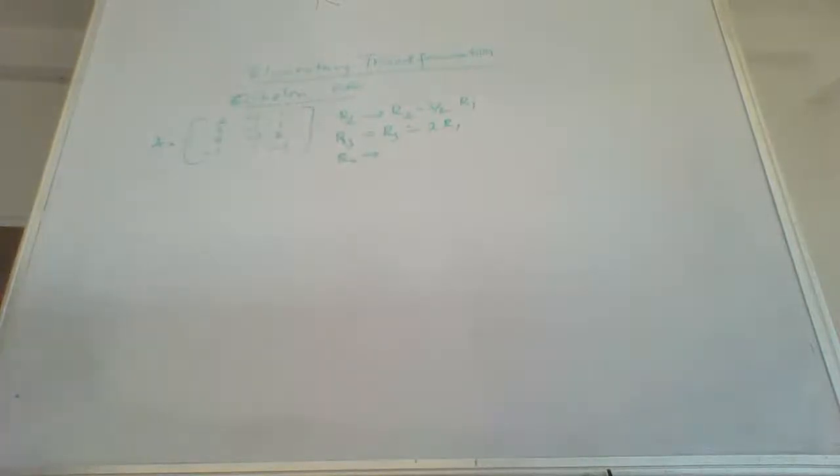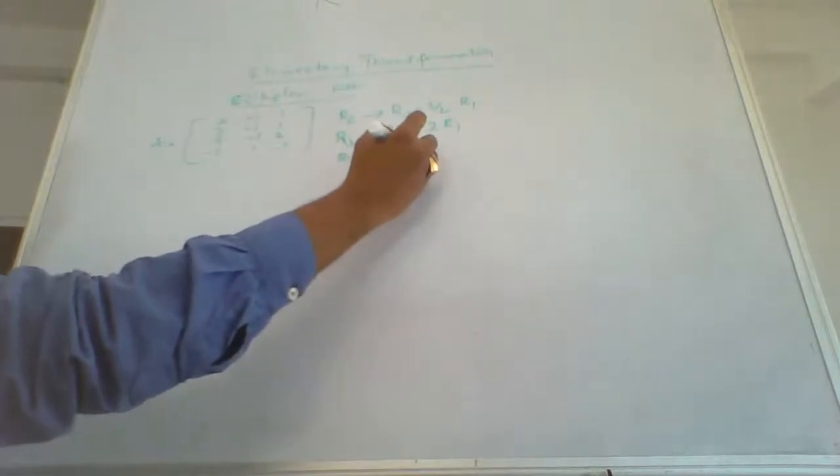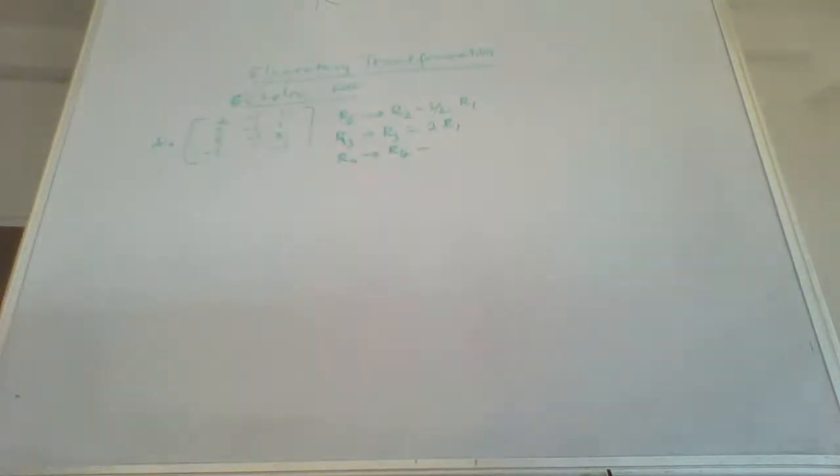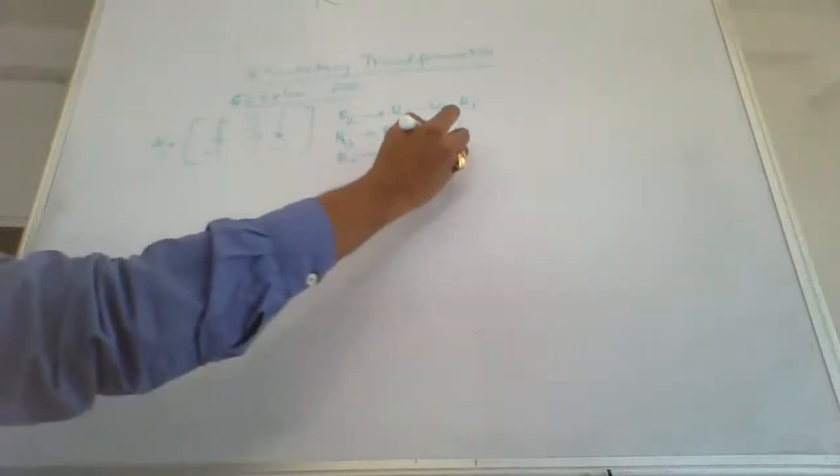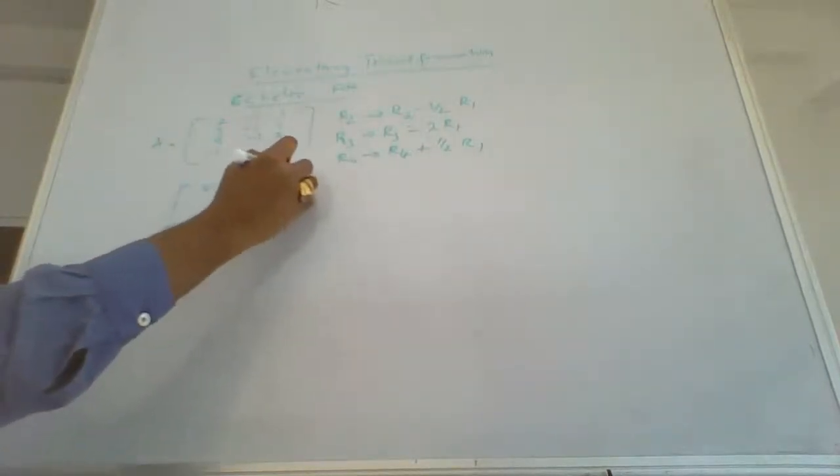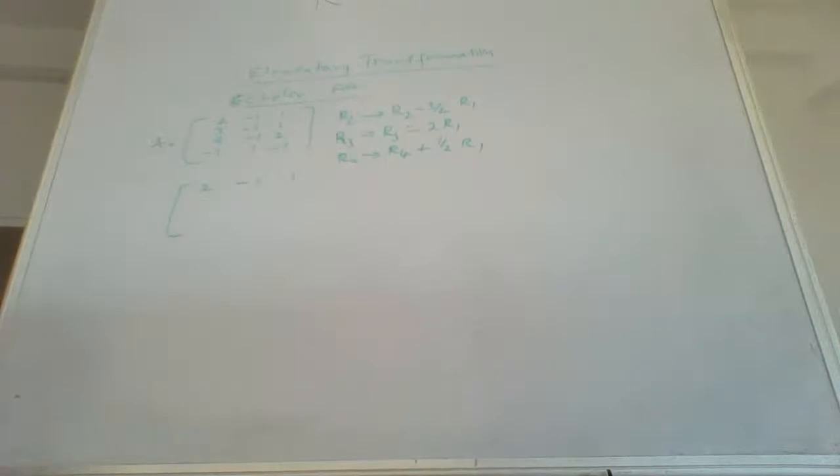That would be R4 plus 1 by 2 times R1. Let me do these 3 operations on row 2, row 3 and row 4. Let me do the first thing, which is kept like that. Fine. I hope you understood this.